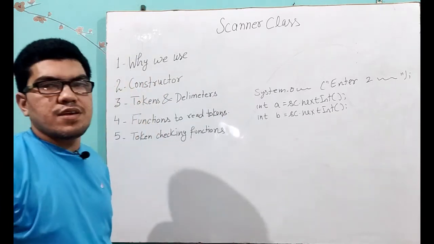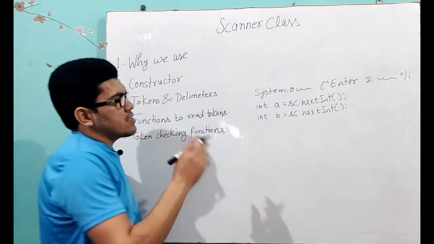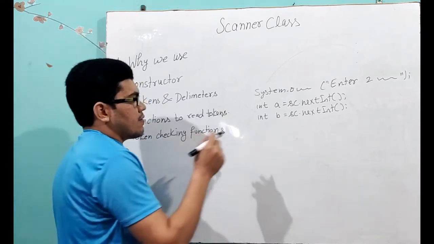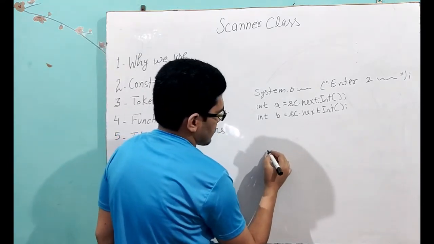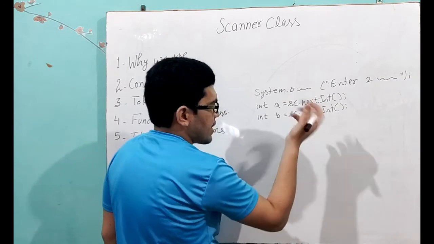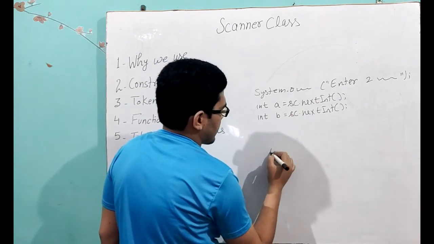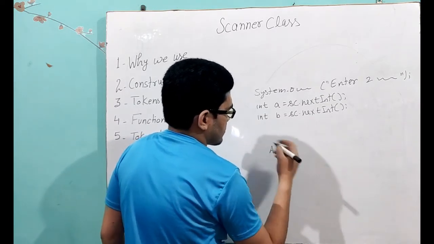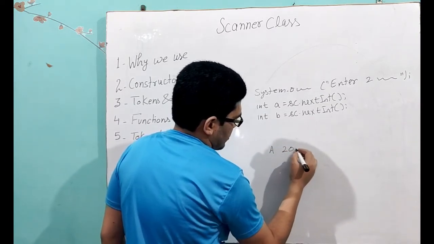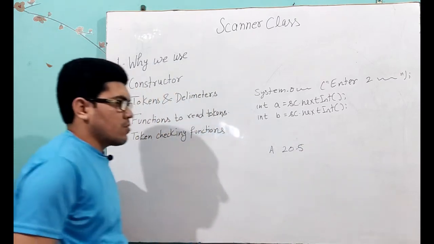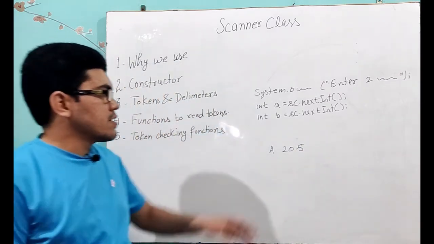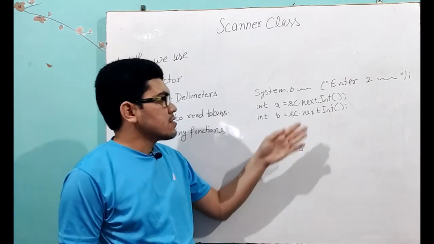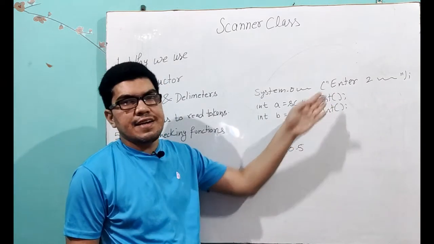Now when we run the program, suppose instead of giving int type value, I gave any other data type value, like I write A and second I write 20.5. So at the time of running the program, I write values which are not integer type.